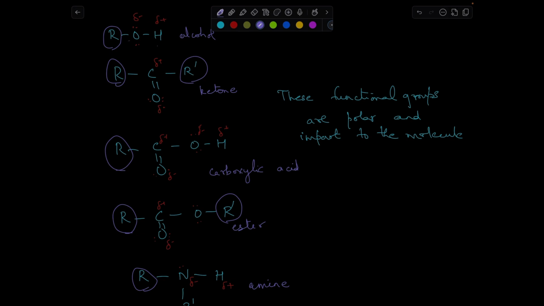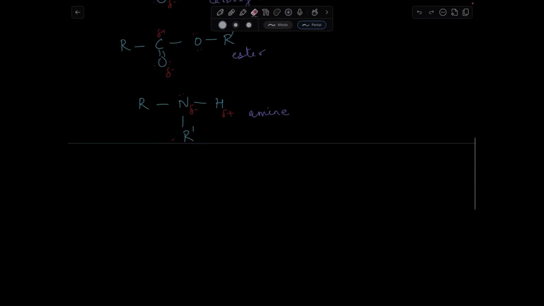On the other hand, if these functional groups outweigh the hydrophobic character of the hydrocarbon, in other words, if the hydrocarbons are small in size and the polar groups outweigh their presence, then the molecule will be polar and it will be miscible with water. Let's see some examples.